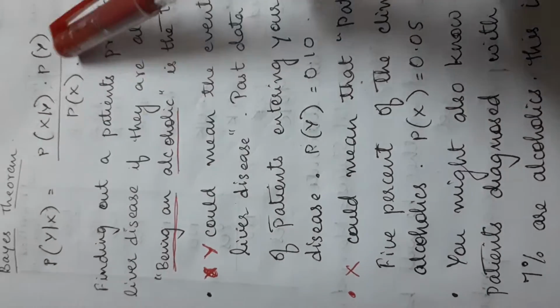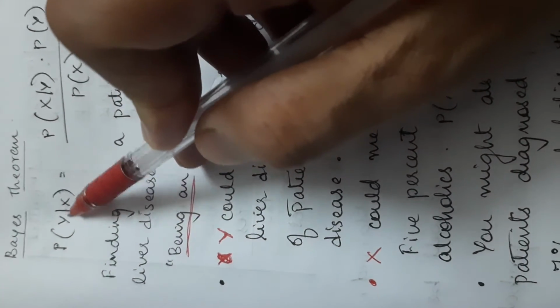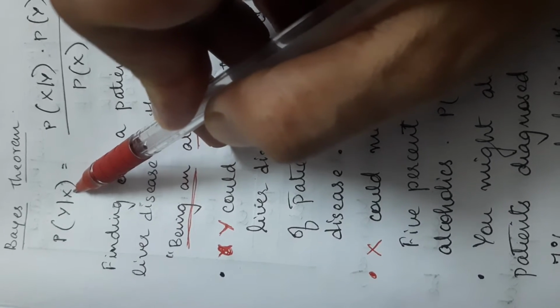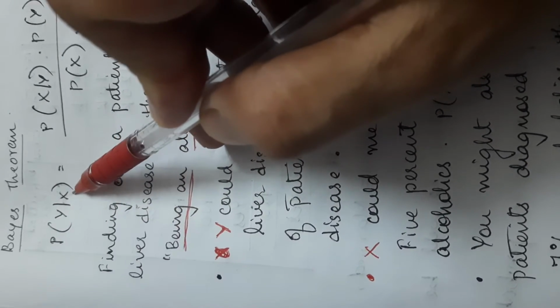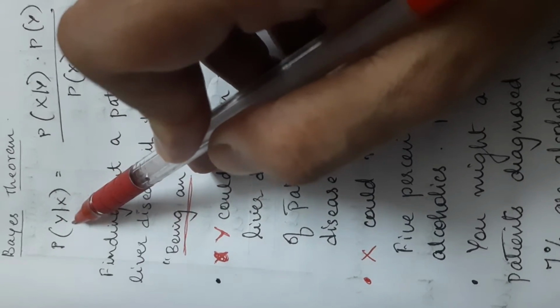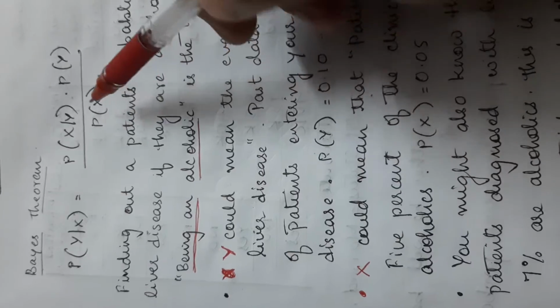This is what we call as Bayes theorem. So we are going to find out what is the probability of a variable y when I know the prior probability, means I already know what is x. Based on the fact that I know x, I am going to determine y. So p of y given x is equal to p of x given y into p of y by p of x. So we will take another example over here. Remember, this is what we call as Bayes theorem.